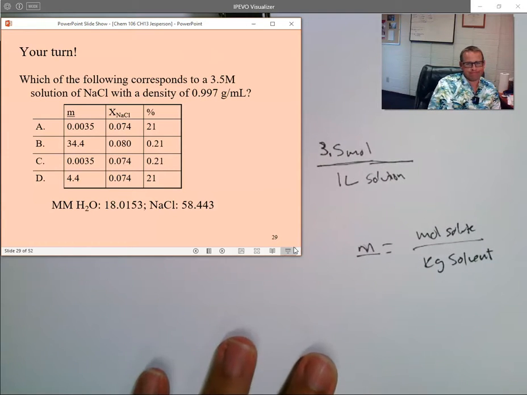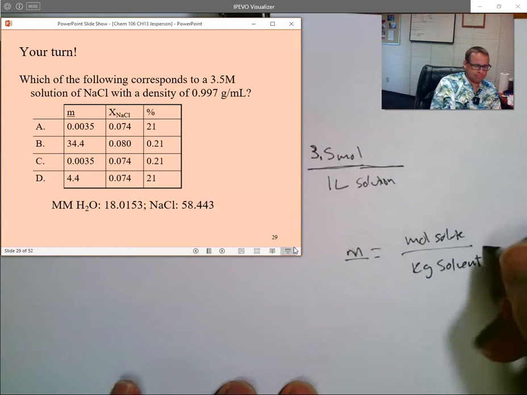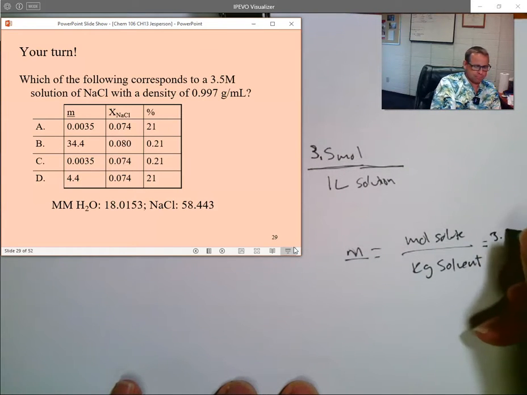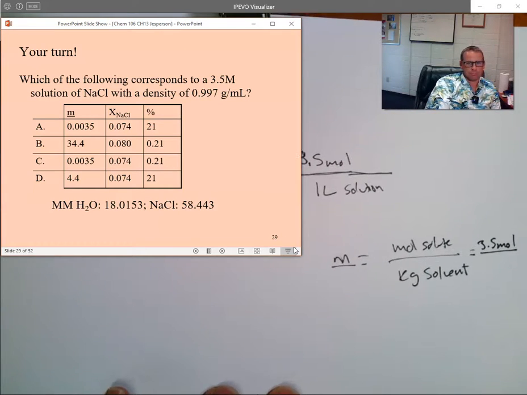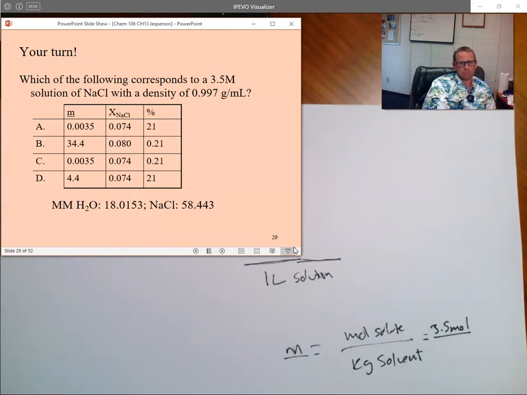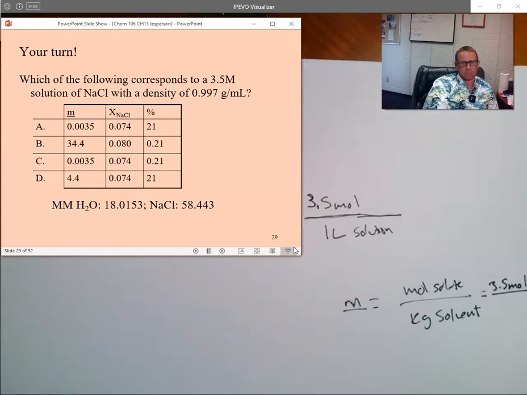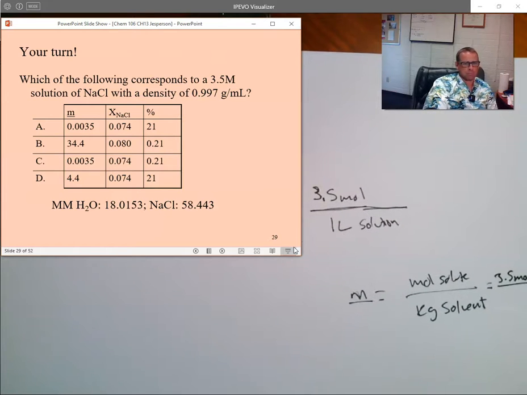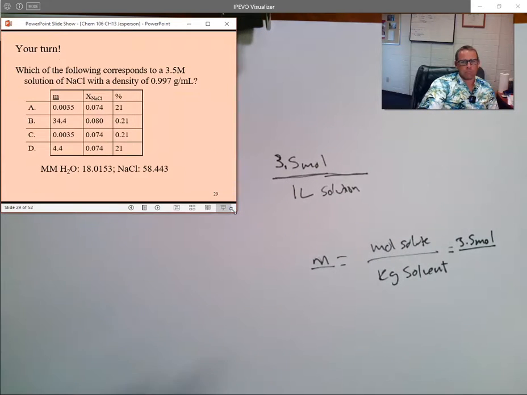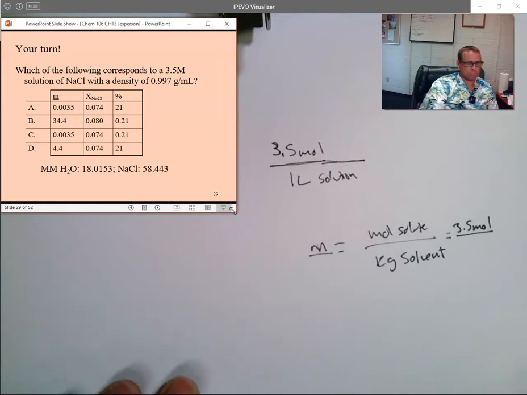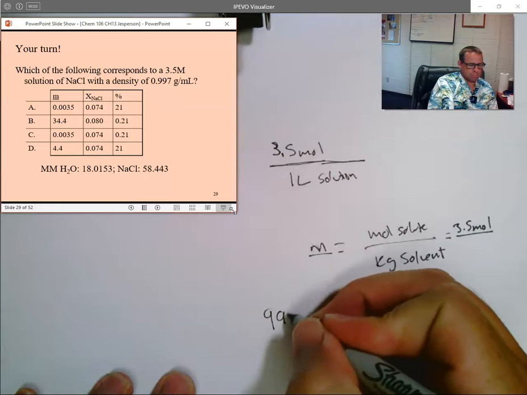So for the molality, we already know that we have 3.5 moles of solute. And to find the kilograms of solvent, we're given the density, which is 0.997 grams per milliliter, which you can also say is 997 grams per liter.